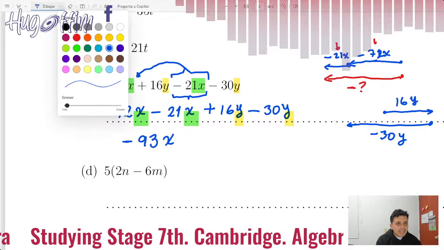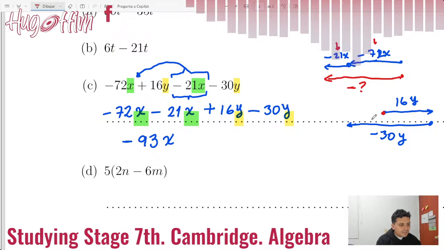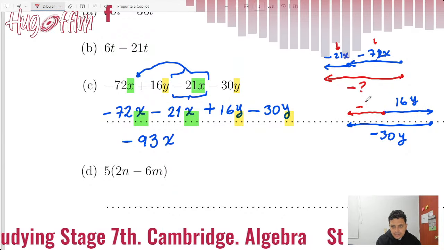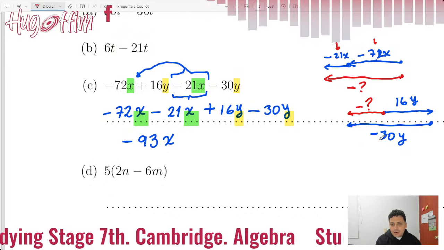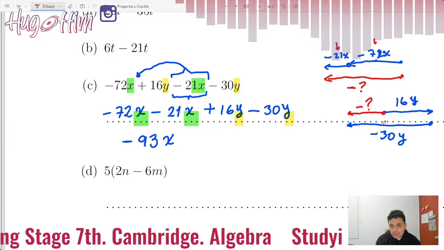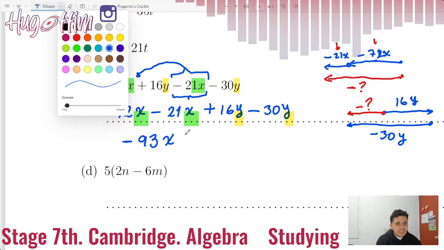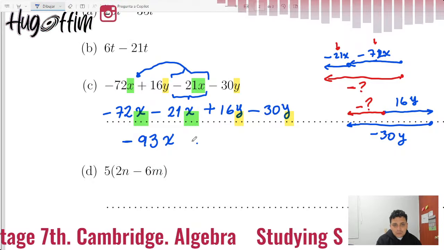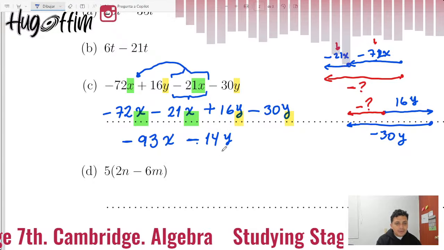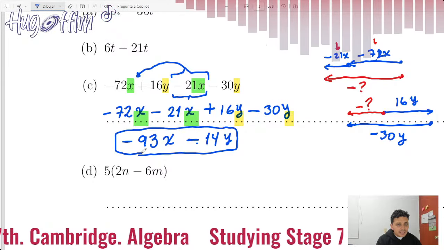Okay, now if I imagine my number line, I just need to put here my initial point. Look at that, the answer is going to be a negative number. This number must be the subtraction of 30 and 16, because 16 plus this number should give me 30. So to sum up, my answer is going to be minus 14y. This is how you do this type of exercise, in which you collect like terms to simplify the expression.